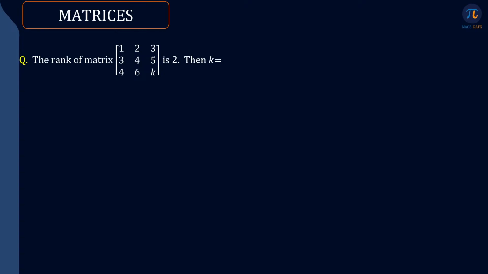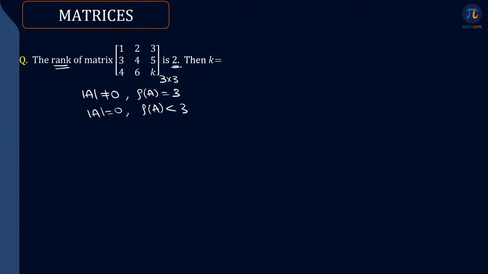They can ask you this question regularly in your examinations. The rank of a matrix is 2, then what is k? Of course, we also use other methods for this, but this is for whenever the question for a square matrix is given and rank is less than 3. See, it is a 3 by 3 matrix. If determinant is not 0, then rank is 3, and if determinant is 0, then rank is less than 3.